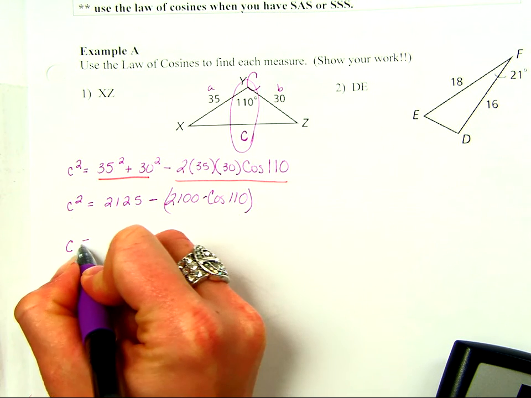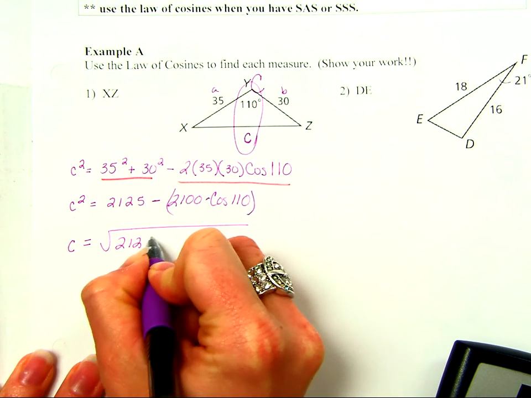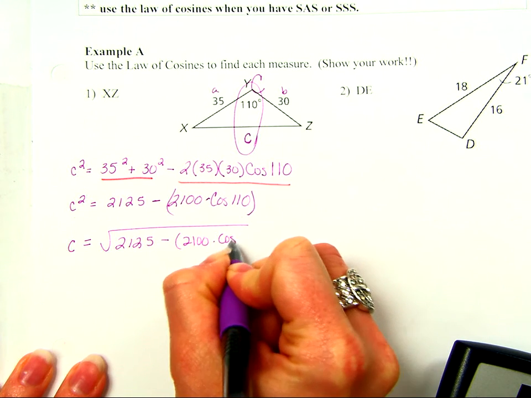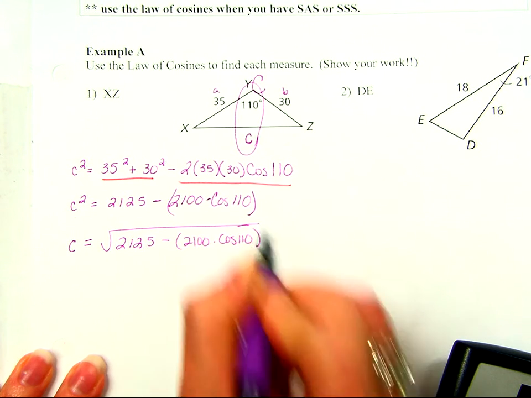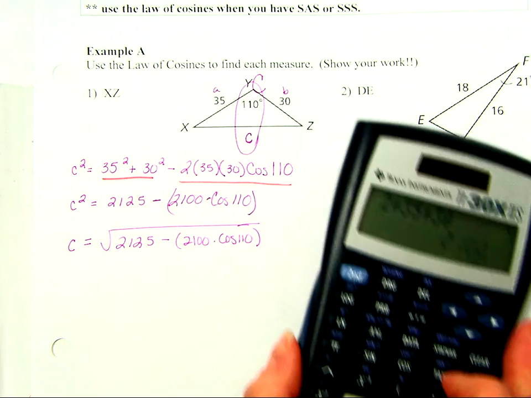So C, in the end, is actually the square root, and because I don't want to give a rounded answer, I'm going to punch that into my calculator all in one.